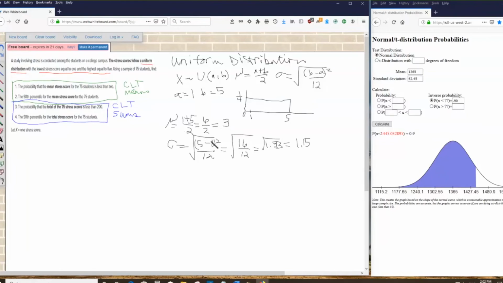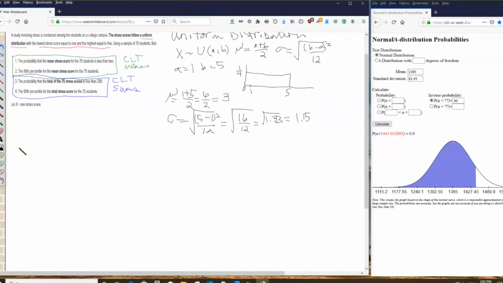So now we're just going to plug in our formulas. For problem number 1, I'm going to use the central limit theorem for the mean. So x bar is going to have a mean and a standard deviation of sigma over square root n.